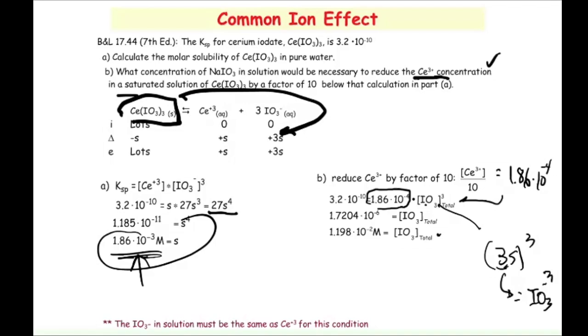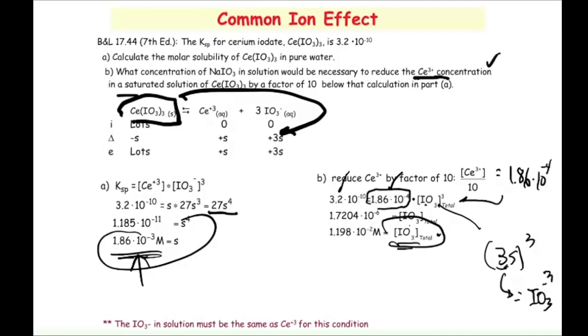So that's your iodate concentration. That's the equilibrium concentration over here. And all we've got to do is solve that problem. You know what the cerium is. You know what the Ksp is. We can calculate the iodate. That's the total concentration at equilibrium.